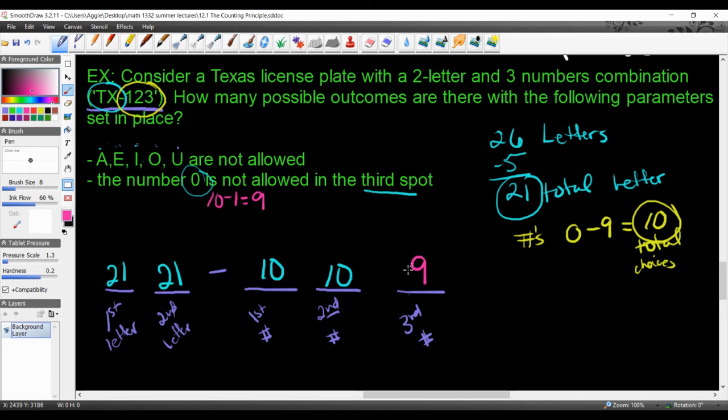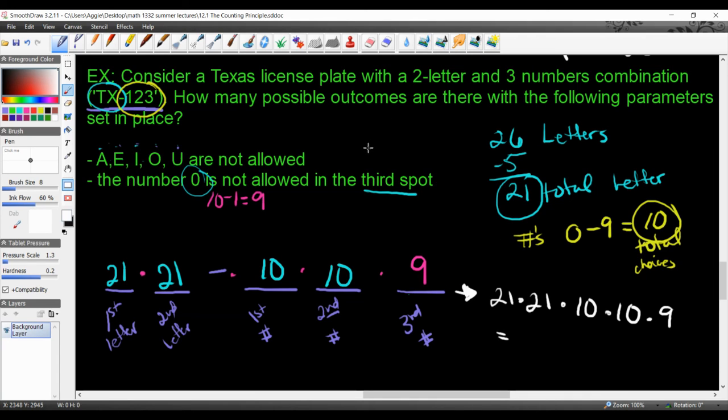So this is the one that's going to be 9. Then we just multiply all this: 21 times 21 times 10 times 10 times 9. And I have no idea what that is.